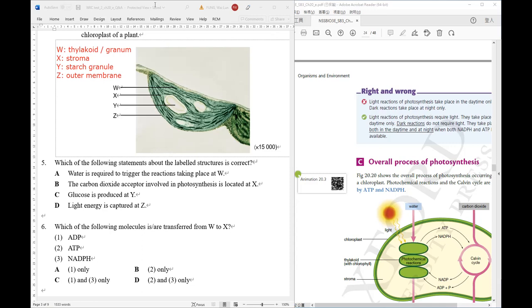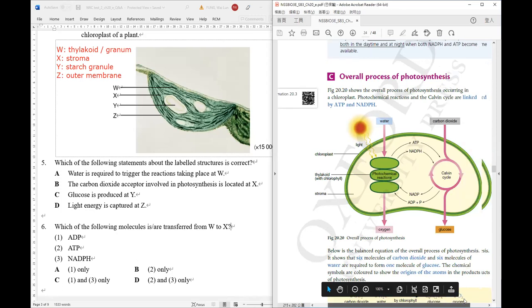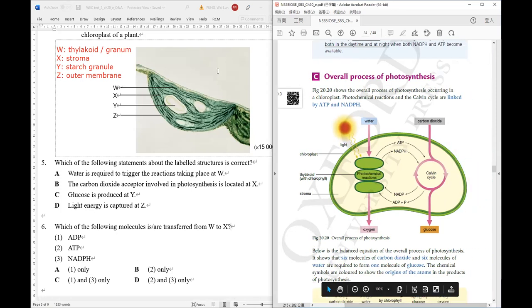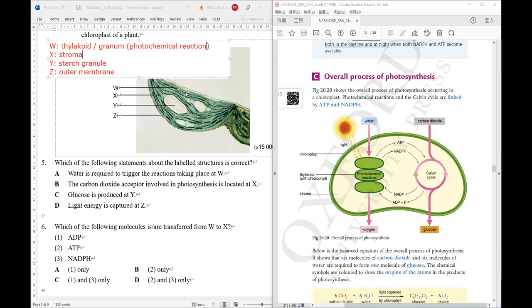Okay, according to page 24 of your textbook, in thylakoid, or you can say granum, there is photochemical reaction. Okay, in stroma there is Calvin cycle.